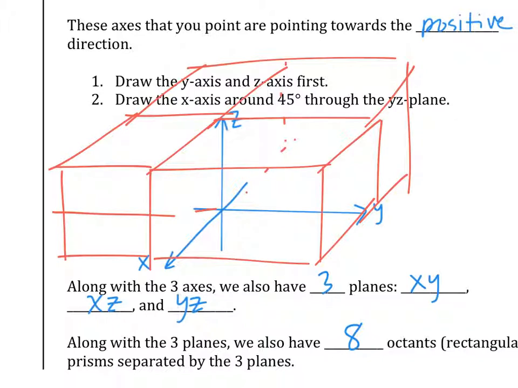So you have 4 cubes on top and 4 on the bottom. You have three axes, and they create 8 boxes. So, 8 octants.